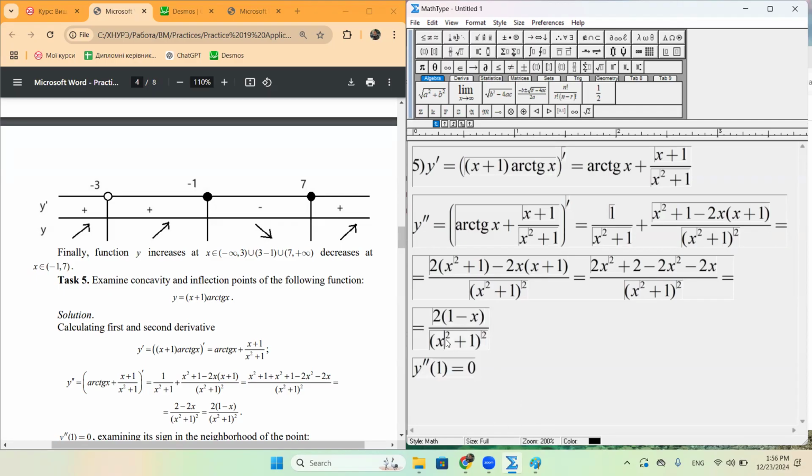And by the way, the denominator never becomes 0 because it is x squared plus 1. So this is the only critical point, x equals 1.